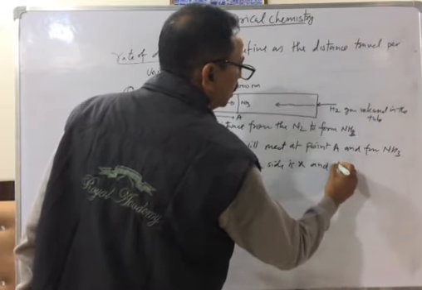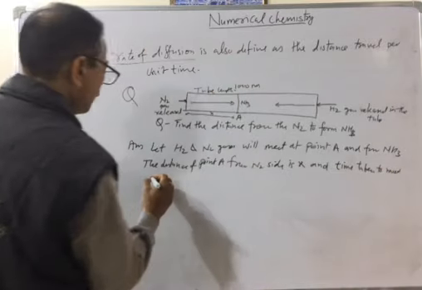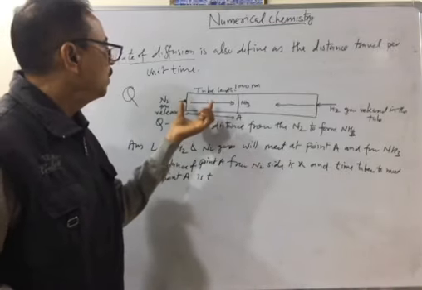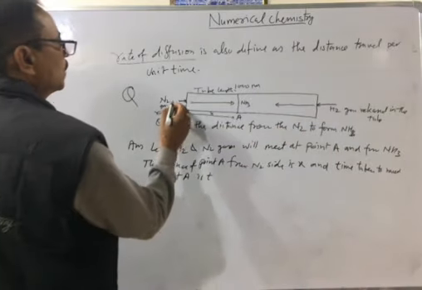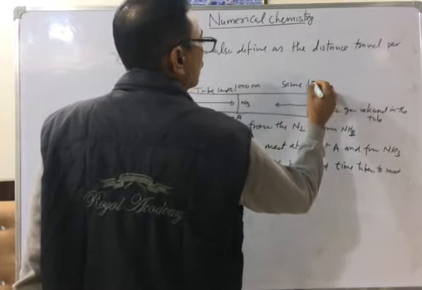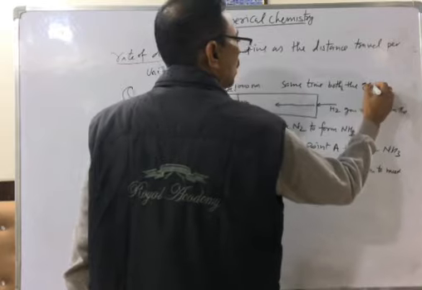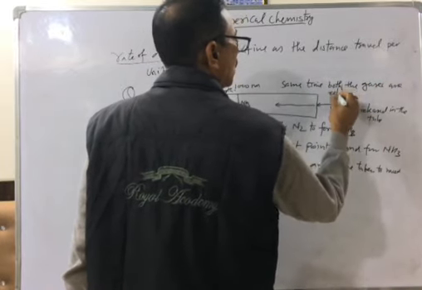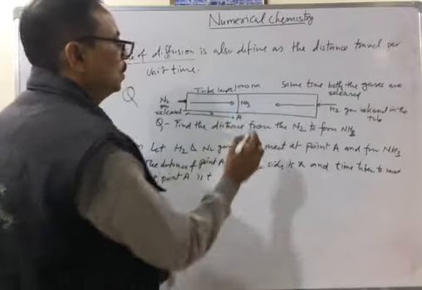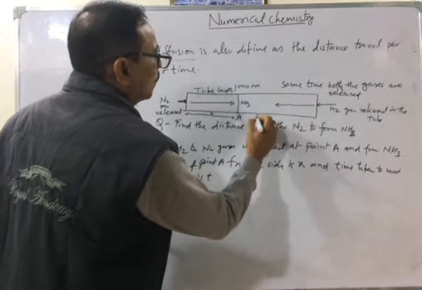And the time taken to meet at point A is T. Here one thing must be noted: both the gases are released at the same time, and it will take T time to meet at point A. So the distance from the nitrogen side is x, and from the hydrogen side it is 1000 minus x.